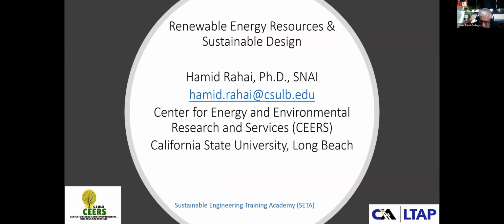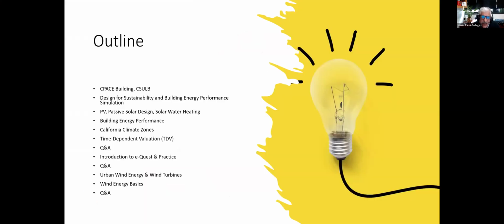So let's go. The outline, I put a tentative outline here that shows you a case study, the College of Professional and Continuing Education building at CSULB, that has a platinum rating and how they did it. Hopefully we can come back to this during our eQuest analysis.